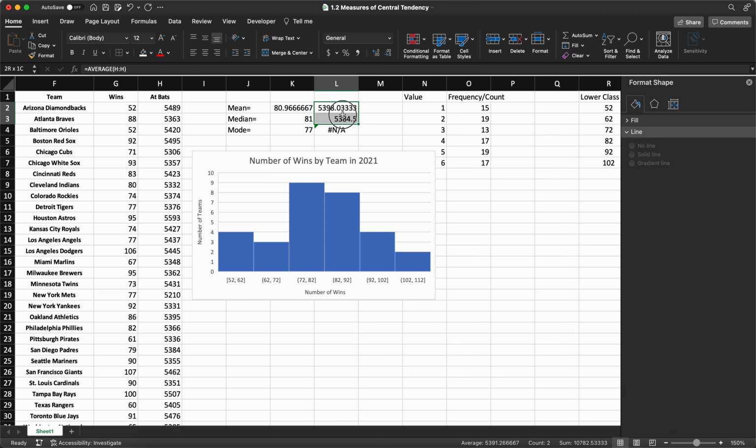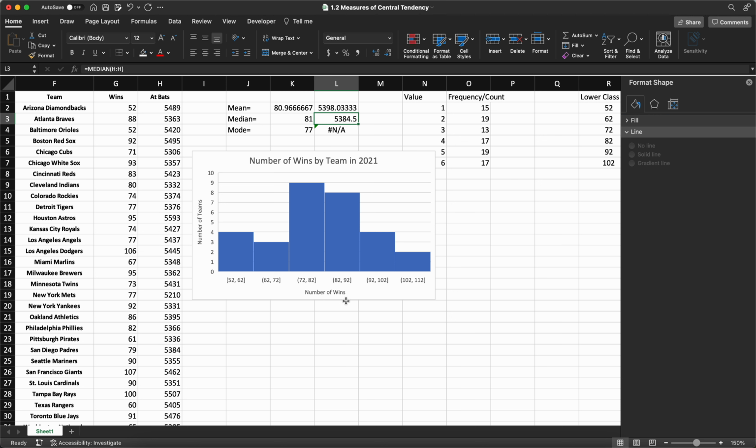Now you might be thinking, okay, well this median is much smaller than that mean. It's approximately 14 or 15 smaller. However, this is on a scale of almost 5,400.